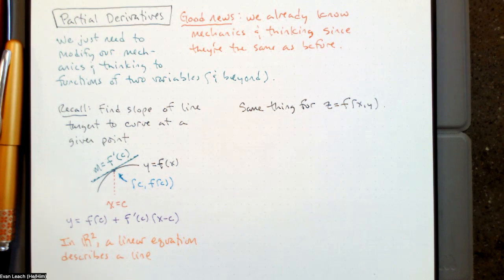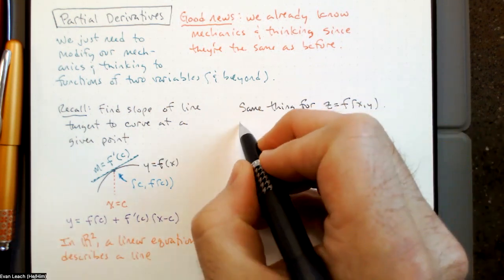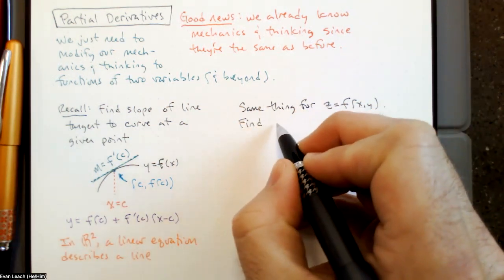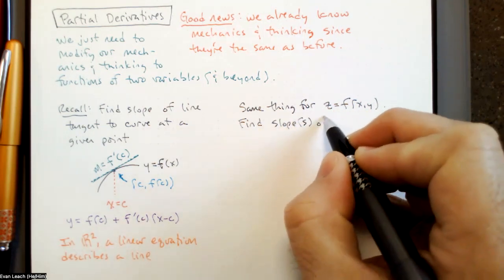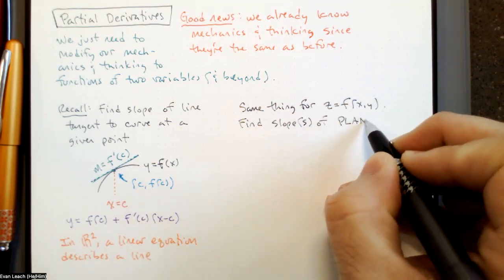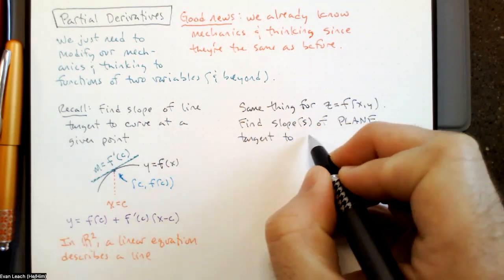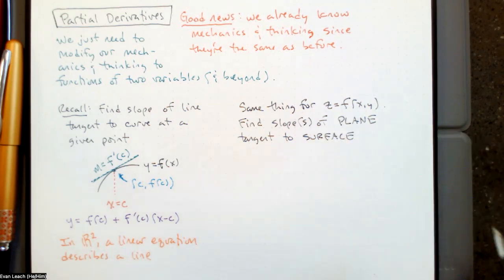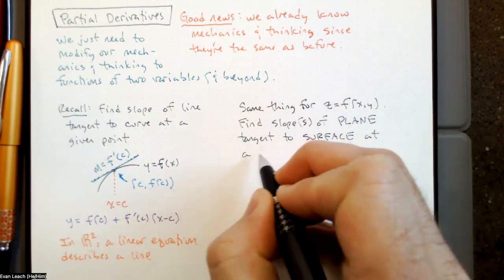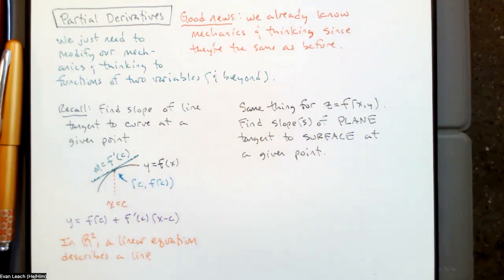So instead of a curve, we'll have a surface. We're going to find the equation, we're just going to update what we had before.